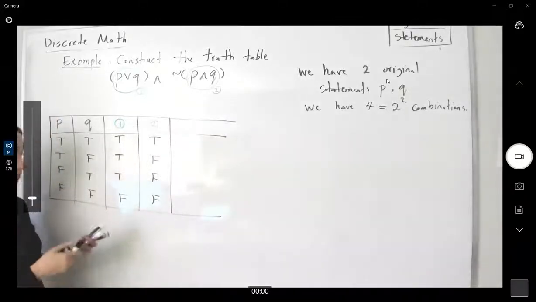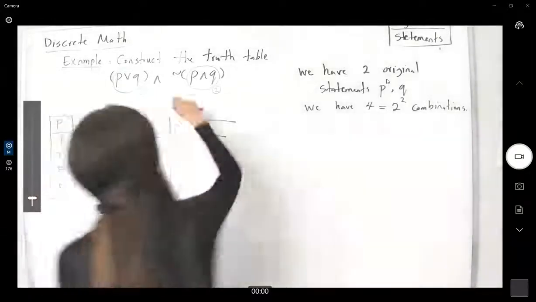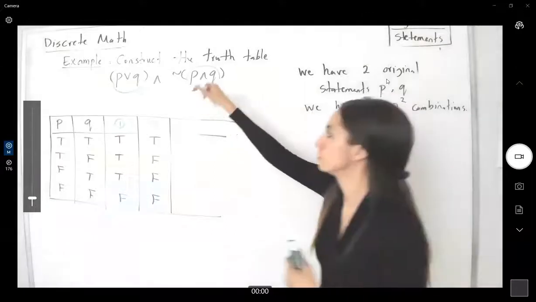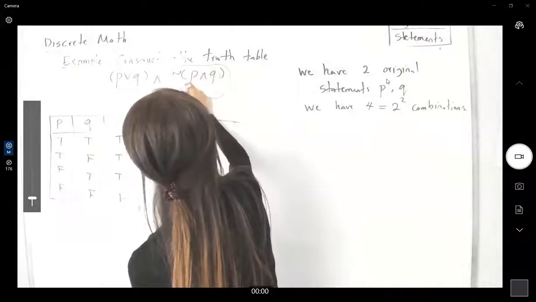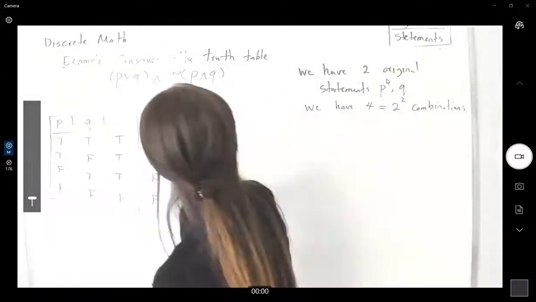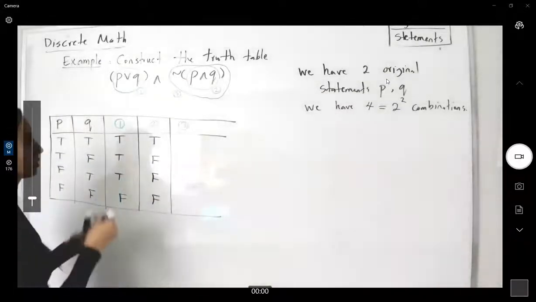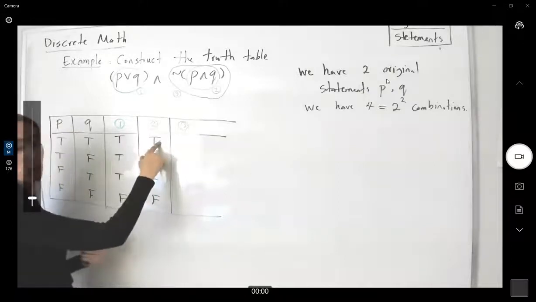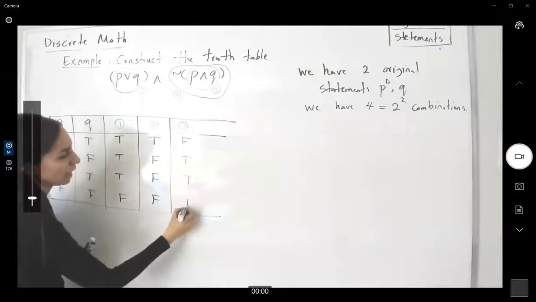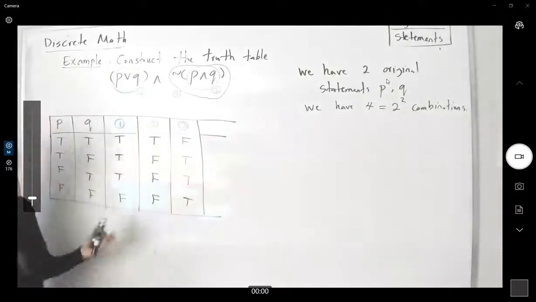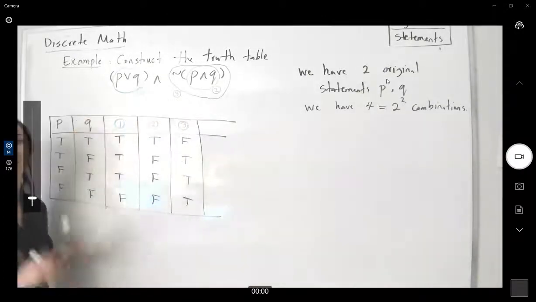Now take a look at this. You have a negation in front of 2. So let us number this 3. 3 is the negation of 2. So the negation of true is false. The negation of false is true, true, and true. And finally, I'm combining 1 and 3 using and.